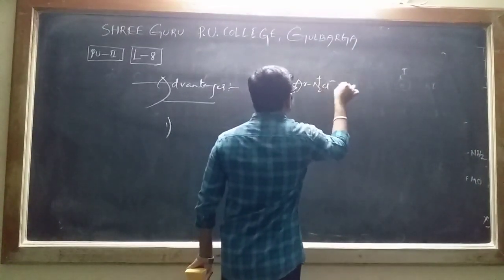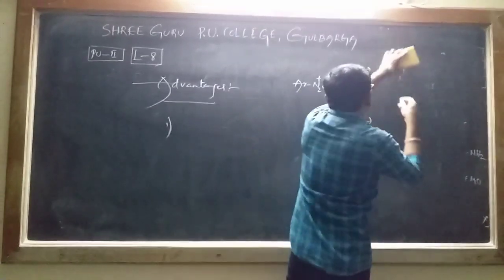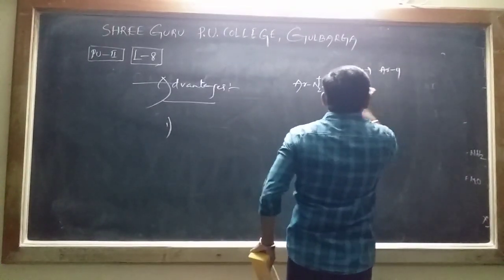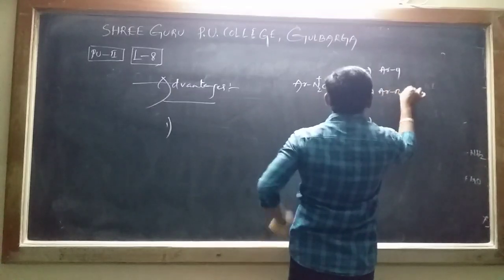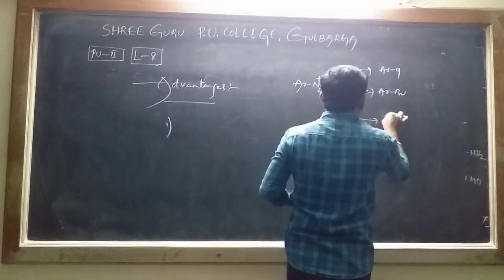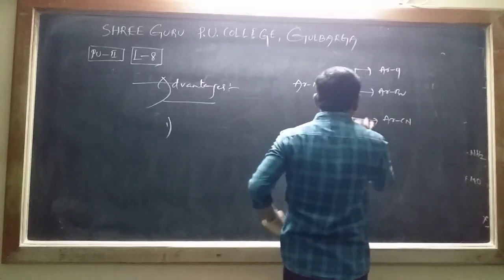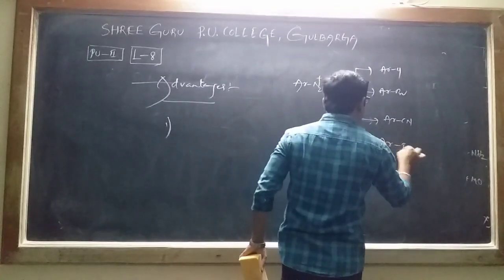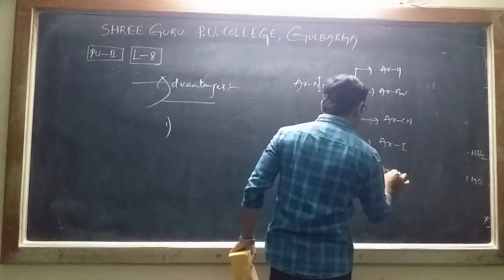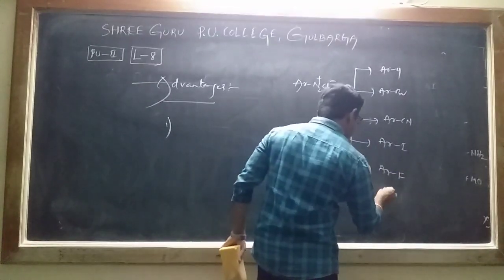We can prepare chlorobenzene, as well as bromobenzene, as well as benzonitrile, as well as iodobenzene, as well as fluorobenzene, as well as arene.